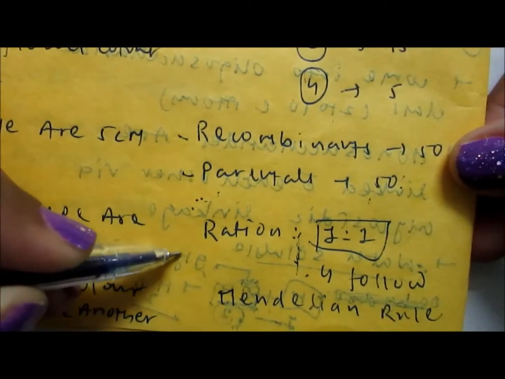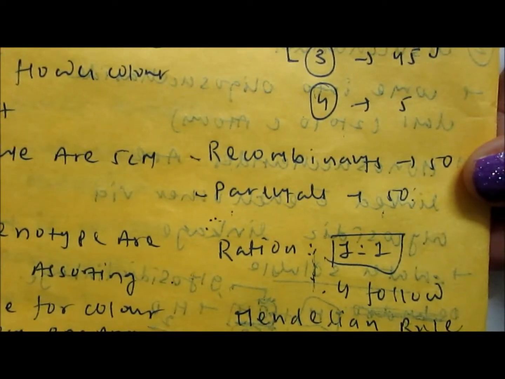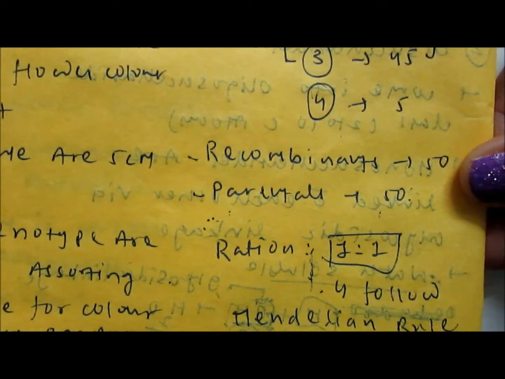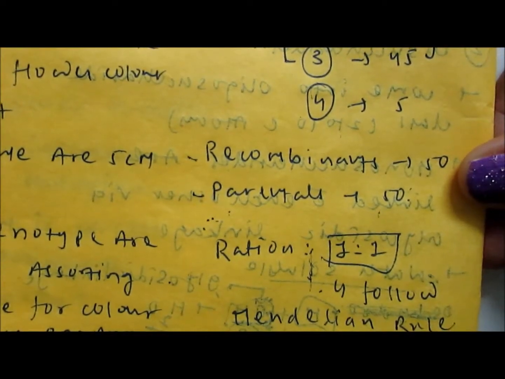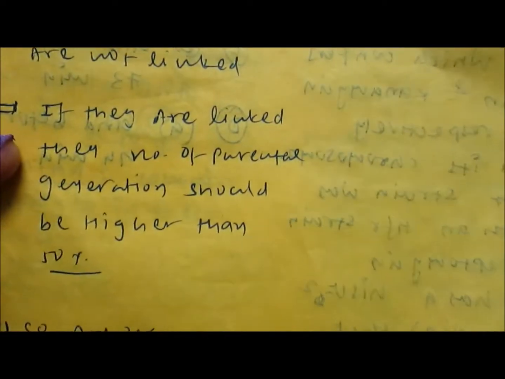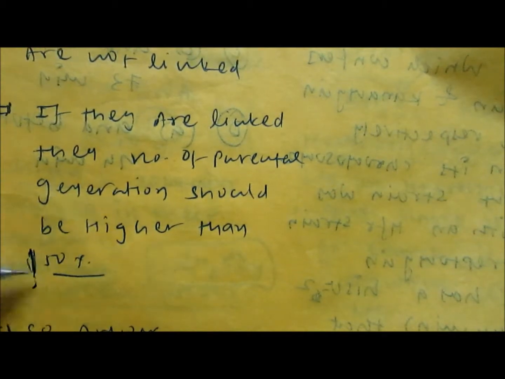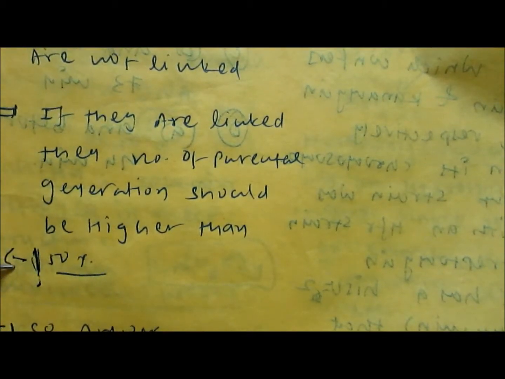So the question here is how we can identify whether the genes follow linkage rules or Mendelian rules, meaning whether the genes are linked or not. The clear solution is that if the parental and recombinant ratio is 50%, then the genes are assorting independently.